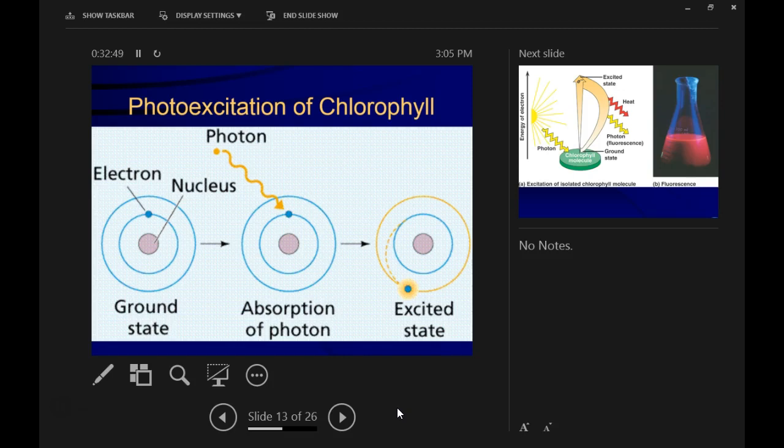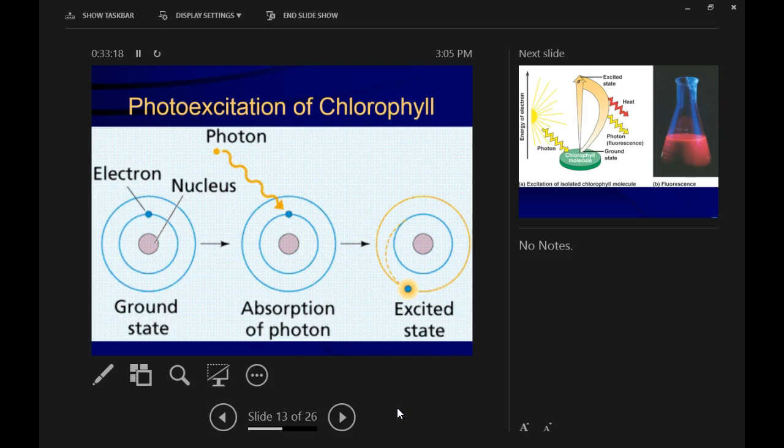Alrighty. Now, how long does it stay up there? Well, it turns out that this is usually very short-lived. Most of the time, when an electron is boosted to a higher energy level, it stays at that higher energy level for just a fraction of a second.